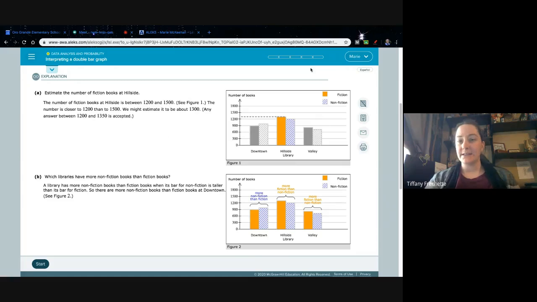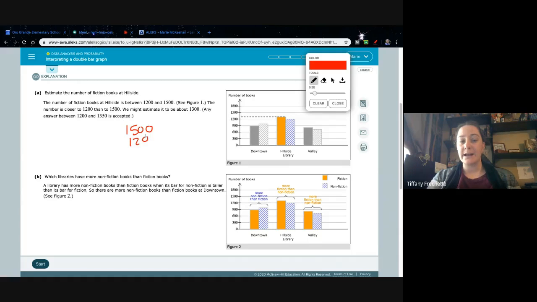Well, why is that specifically the number there? Well, between 1,200 and 1,500, if I subtract, this tells me how many numbers I have right in between these 2 numbers. So if I subtract, I get 300. And I already kind of talked about it, it looks like it's not even quite halfway between the 2 numbers. So if I take 300 and divide by 2, I get 150.